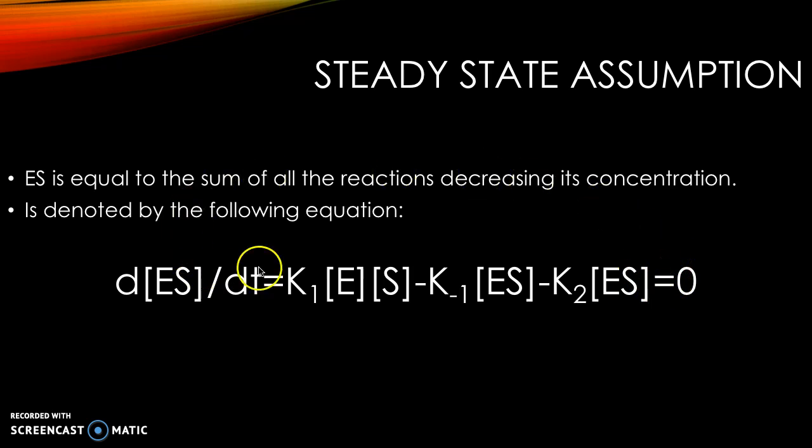As you can note from this equation, we're looking at the reactants from the previous equation. So for K1, the reactants would be E and S, and ES for the K-1 and K2 reactions. From there, we want to isolate the enzyme concentration.